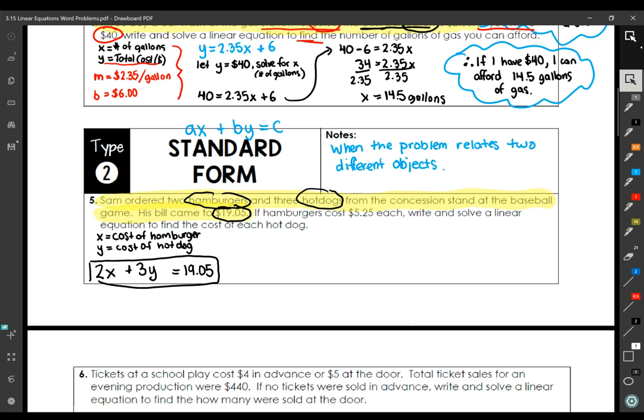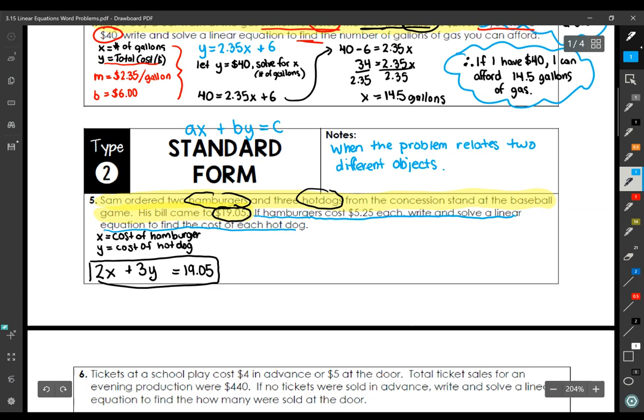Okay, let's read the rest of the question. So if hamburgers cost $5.25 each, write and solve a linear equation to find the cost of each hot dog. Okay, so with this information, we have to ask ourselves, what are they giving us? Are they giving us X or are they giving us Y? They're giving us the cost of a hamburger.